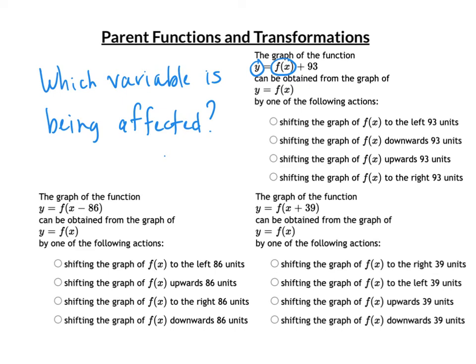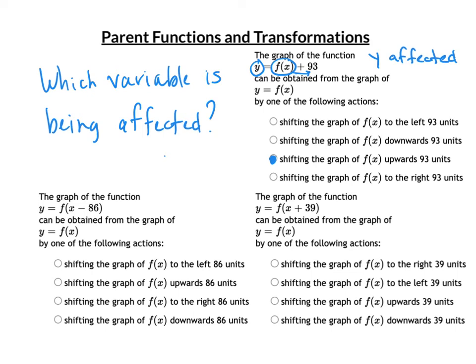So this y is going to increase by 93. So since y is affected, I know it's vertical. And what will happen to y plus 93? Every y will increase by 93. So y is up and down. So everything's going to go up 93 units.